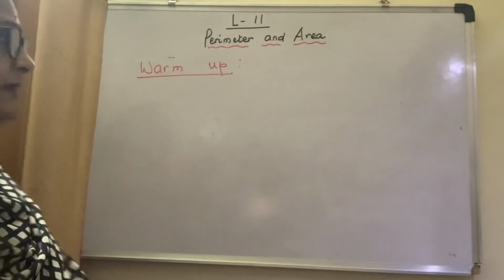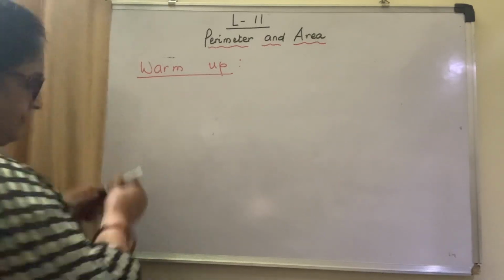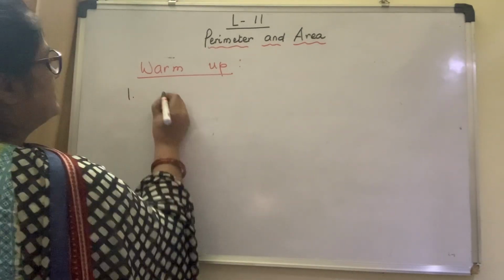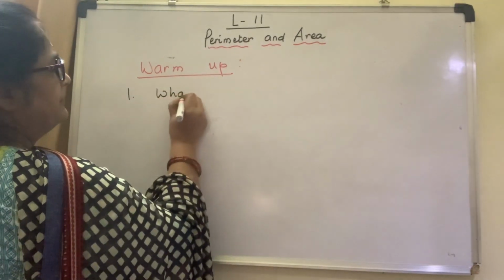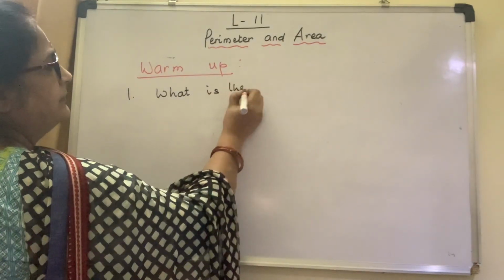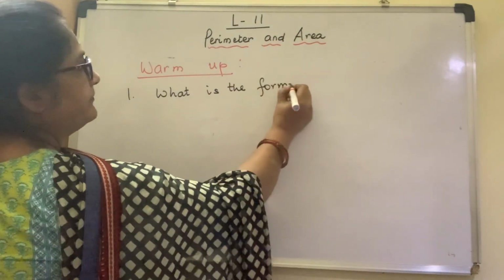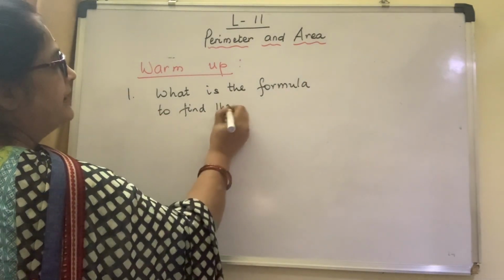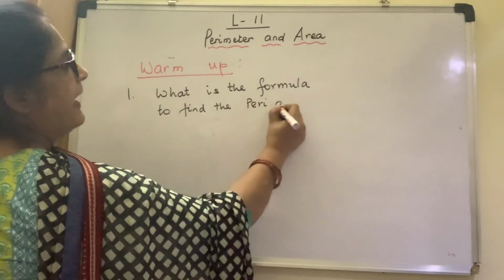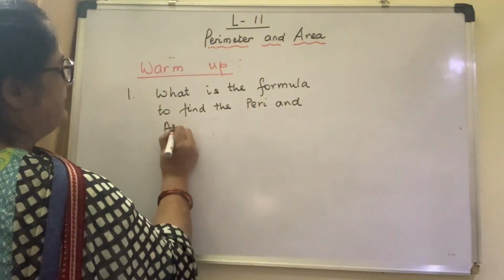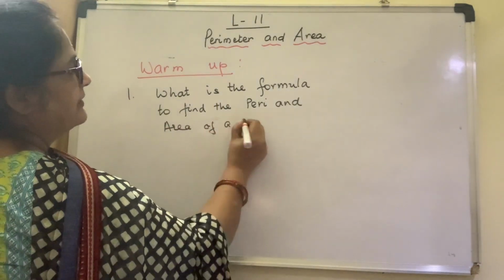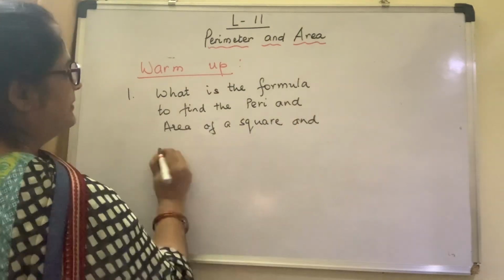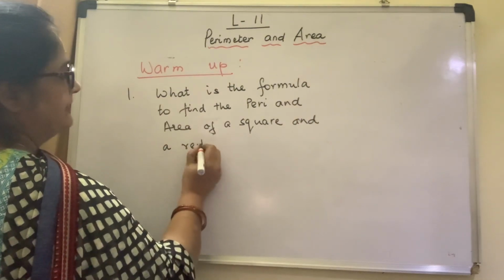Number one is, what is the formula to find the perimeter and area of a square and of a rectangle?